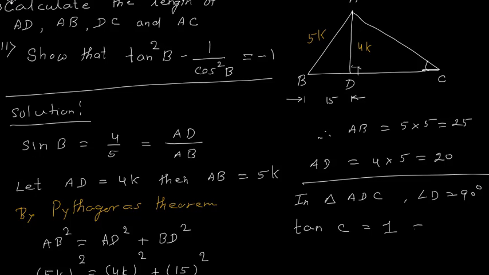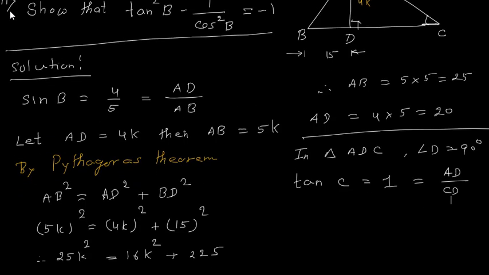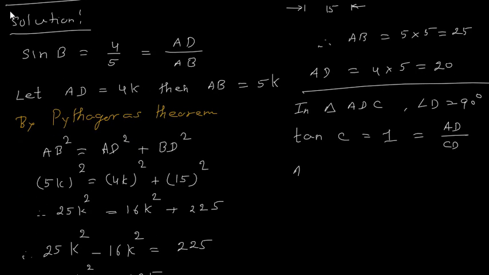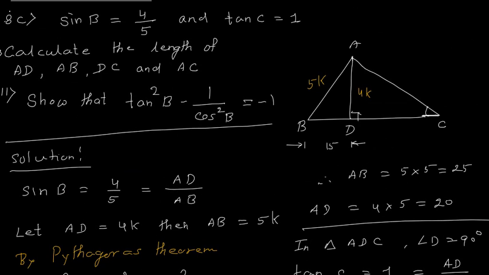This tan C is AD upon CD. So AD is equals to CD. As this is 1, so I will say that AD equal to CD equal to what is the value of AD? It is 20. So CD also becomes 20. So here this CD is 20.